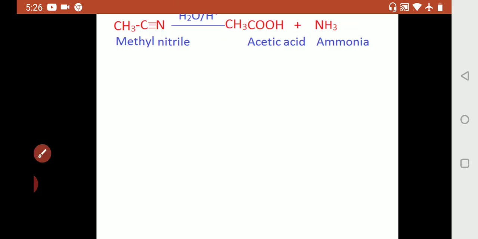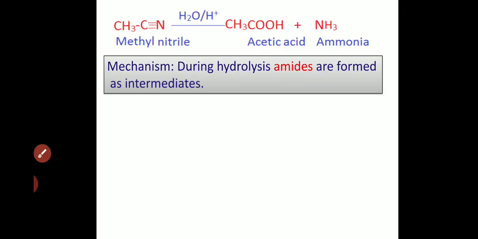Now, how is it happening? Mechanism. During hydrolysis, amides are formed as intermediates. In the previous session, we discussed very clearly what amides are.